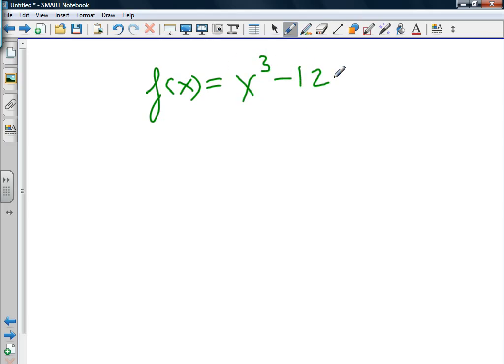If you set f of x equal to 0 and solve, you add 12, and then you cube root. So the answer is the cube root of 12. If I want the fifth root of 2, I would put a 5 here and a 2 there. If I want the 10th root of 6, I would put a 10 here and a 6 there. Do you see the game? This is the game that Newton played to get irrational numbers.